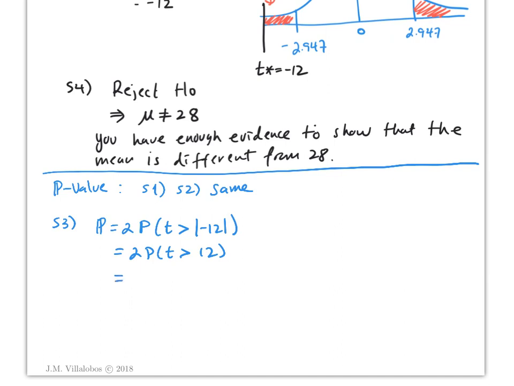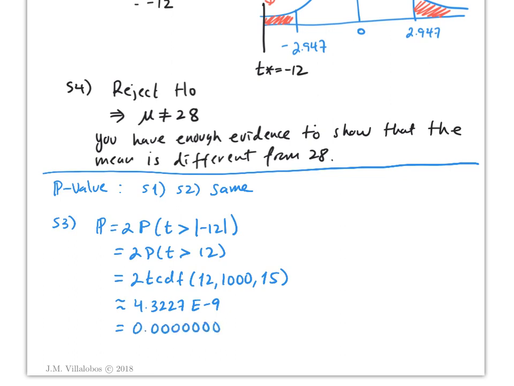On the calculator, this will be 2 tcdf, 12 is the lower bound, 1000 the upper bound, and 15 the degrees of freedom, which is around 4.03227 e to the negative 9, which means you have 8 zeros, and then the number 43.